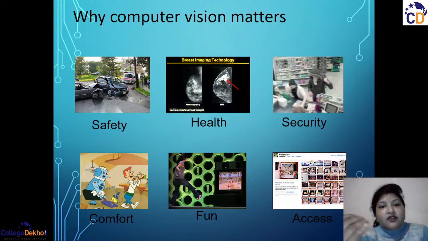Now in healthcare, we have seen that earlier we used to have X-rays or ultrasounds. Nowadays this technology is also going to predict, according to the X-rays, what could happen in future, right? So it is very, very beneficial in the healthcare sector.